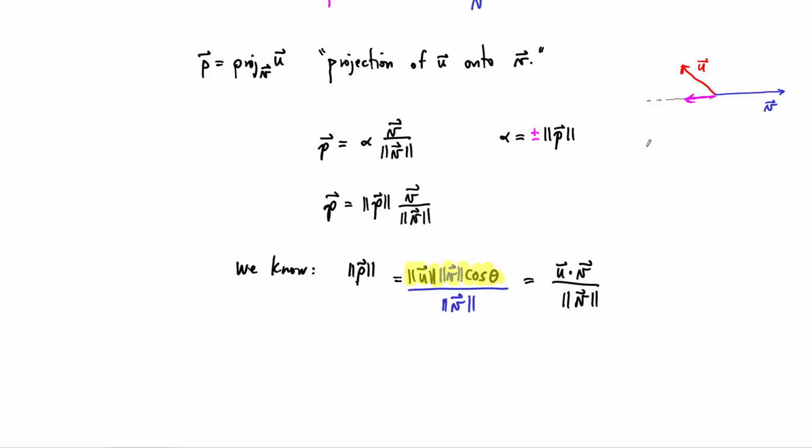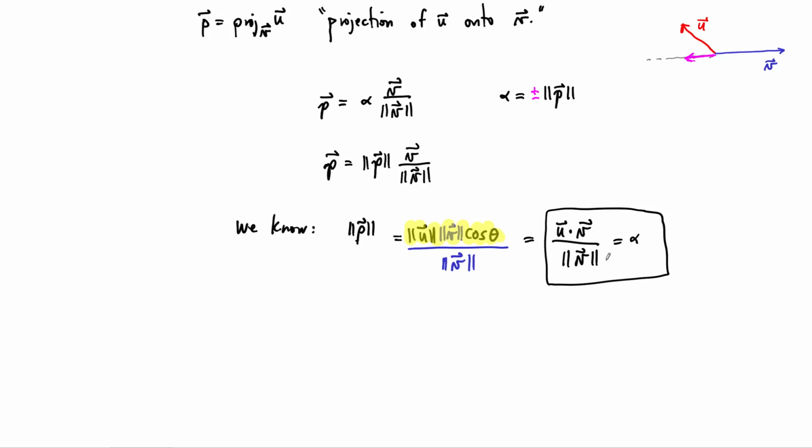The dot product is negative when theta is between pi over 2 and pi. So in this case, when our vectors form an angle that's larger than pi over 2, the dot product will take care of our plus or minus issue that we had right here. So after all the work, we used the triangle to derive this, and this is actually our alpha that we were in search of in the first place, right?